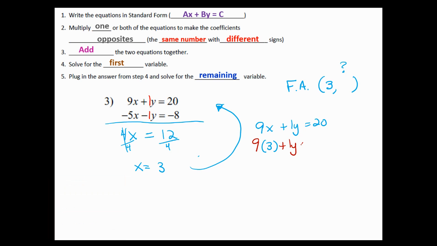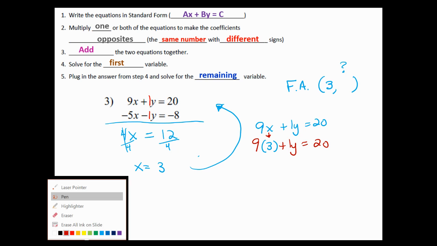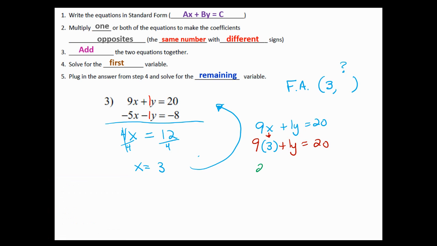So right here we plugged in x is 3. So 9 times 3 is 27 plus 1y equals 20. We need to solve, so we need to pop this over, so minus 27 to both sides.